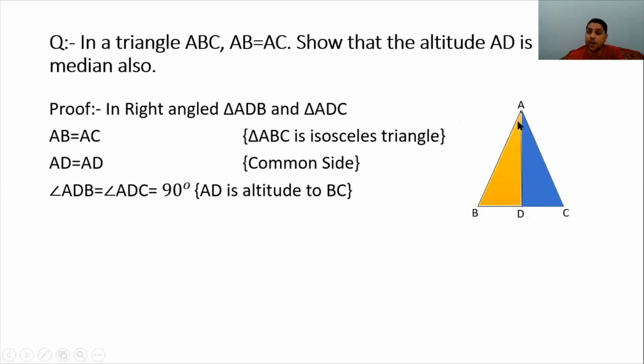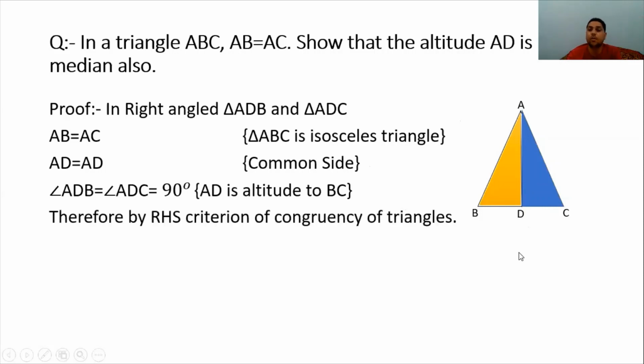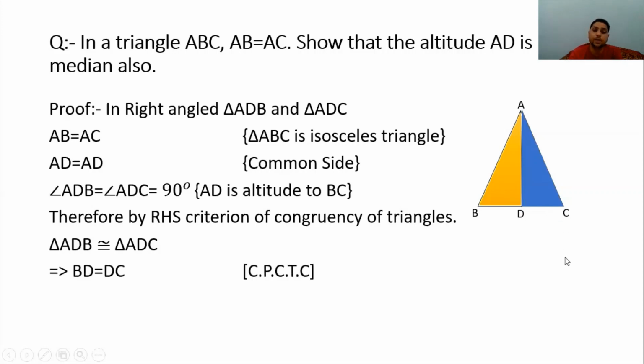So we have a right angle, and this is the hypotenuse, the longest side. So by the RHS criteria of congruency of triangles, triangle ADB is congruent to triangle ADC, which implies that BD is equal to DC.